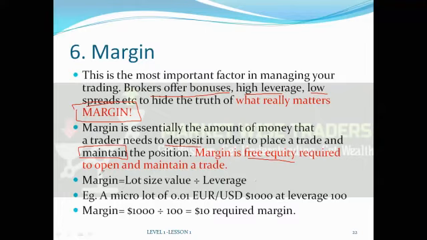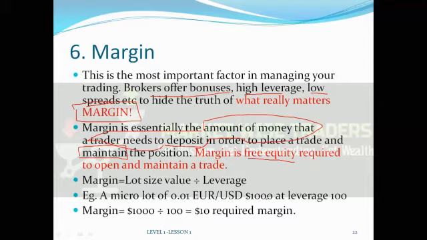So remember we said margin is what? Is the amount of money required. This is margin. And the amount of money that you require to keep that deposit open, to keep that trade open. Okay, so micro lot of 0.01 euro US dollars at a leverage of 100, the margin required, remember we divide it by leverage.